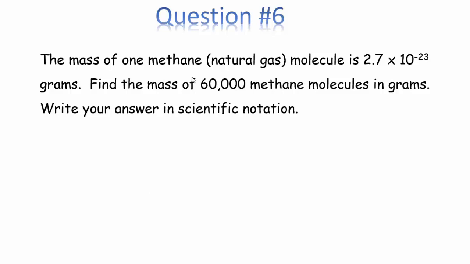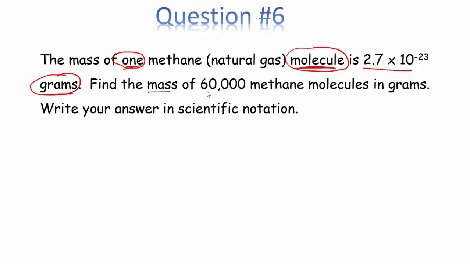Again, we're comparing two different items. One molecule is that many grams, molecules to grams. So before I even read on, in my mind, I'm already thinking this is probably proportional reasoning. I am comparing two different quantities, molecules to grams.